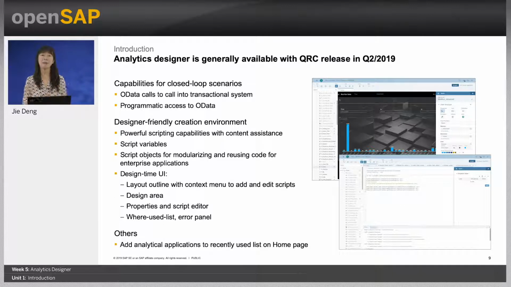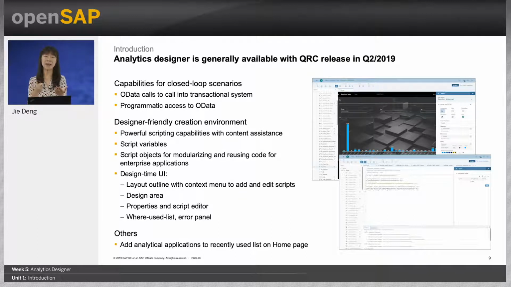For example, I'm analyzing my historical data, right? But I need some detailed information from a sales order, and this detailed information is actually in the backend in the S4 system. So then I can use the OData function to get this detailed sales order information, so which product, which quantity, which price.